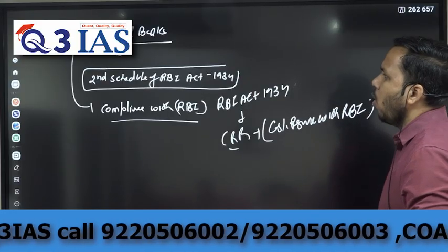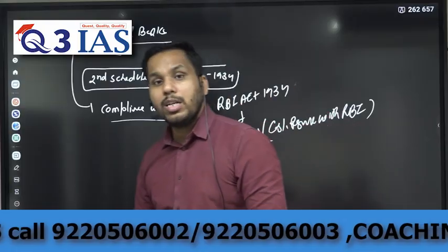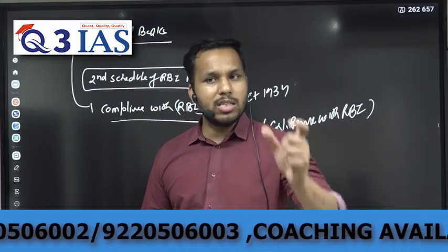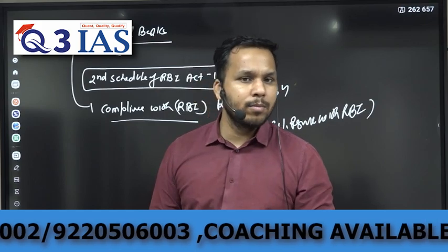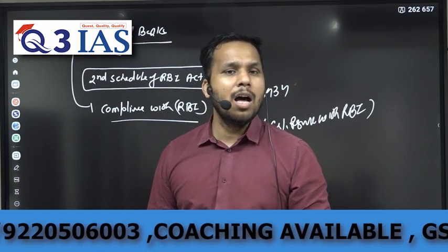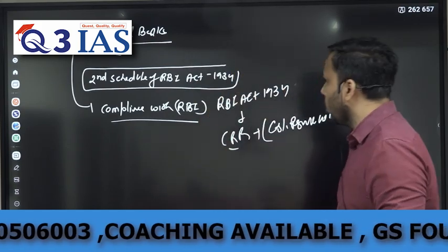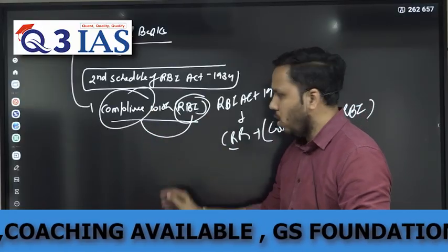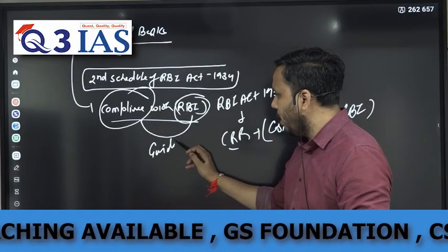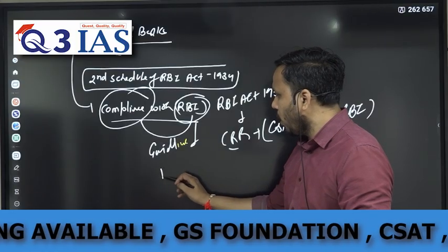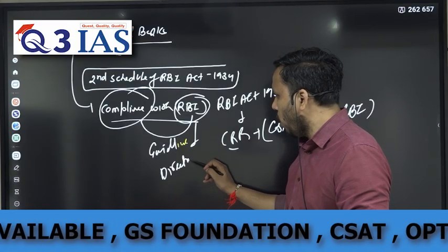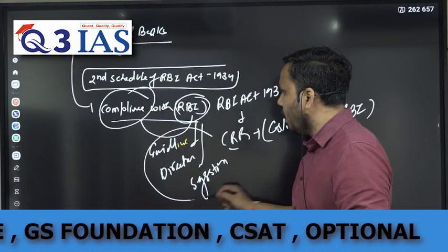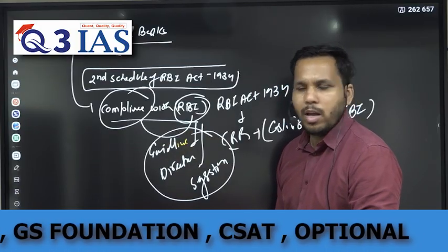It means whatever deposits come into the scheduled bank, they have to deposit a certain proportion with the RBI. It means they have to follow all the rules and regulations, whatever guidelines, directions and suggestions have been provided by the RBI, they must follow.